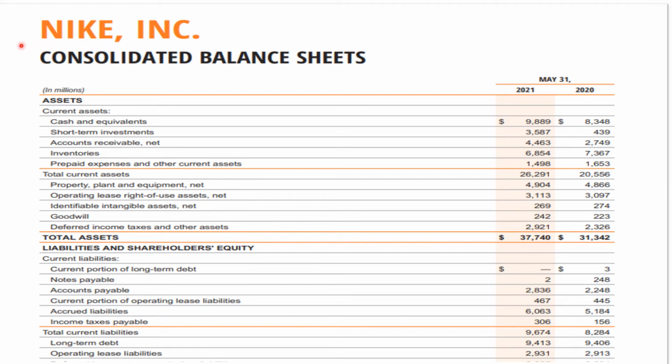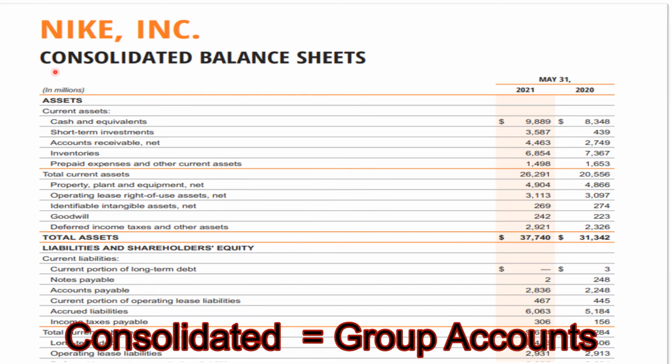This is the name of the reporting entity. According to IAS 1, the company should mention, or the group, whether the accounts represents individual accounts or group accounts. In this case, consolidated means group accounts.